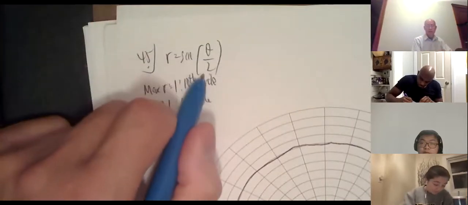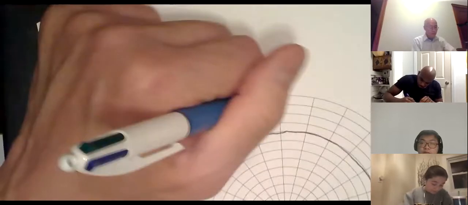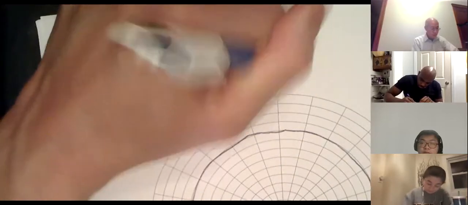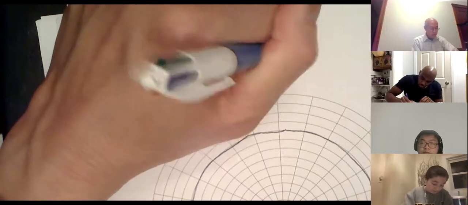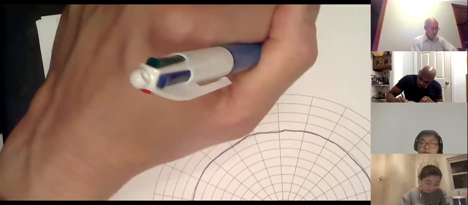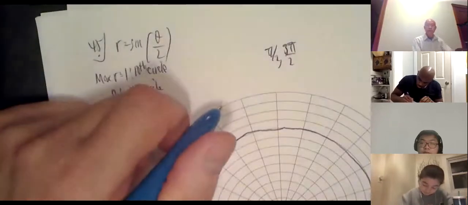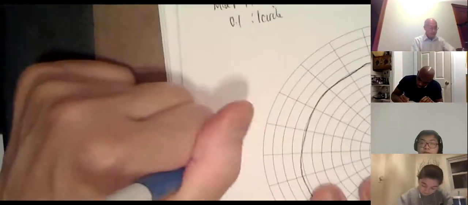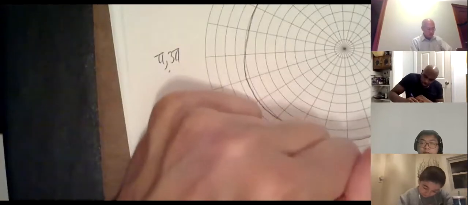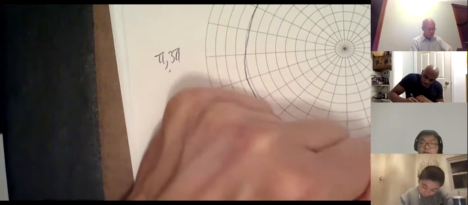Okay, see, if I plug in 90 degrees, I'll be doing sine of 45 degrees. So I want here pi over 2, which is also 5 pi over 2. This is pi and 3 pi, 3 pi over 2, and 7 pi over 2.